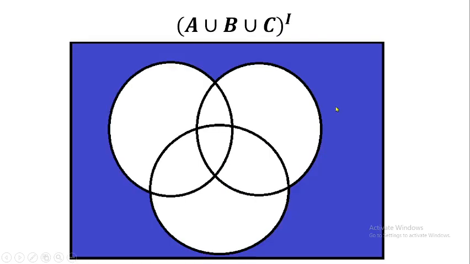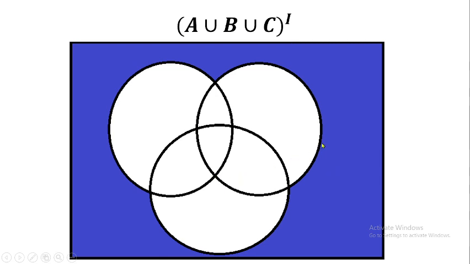So if you look at what you're having on the screen right now, you have A union B union C as this white region. Then this colored area here, what does it represent? You should be able to say what it represents.